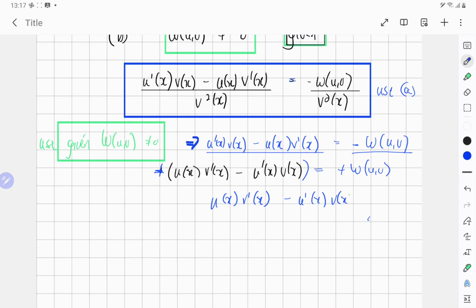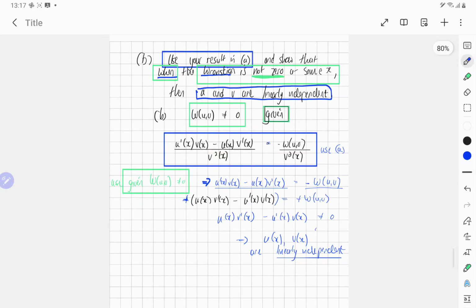I know that this expression is not zero, which tells me that u and v are linearly independent, and I did end off with what they have asked.